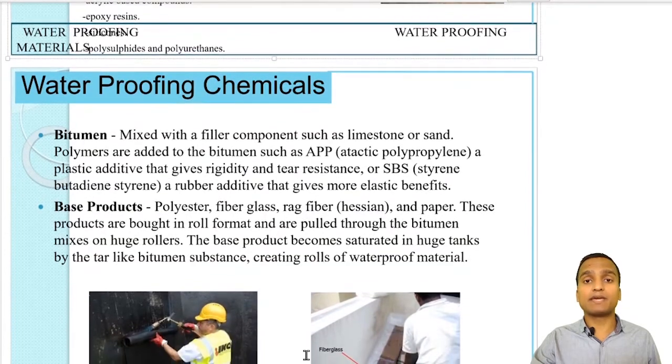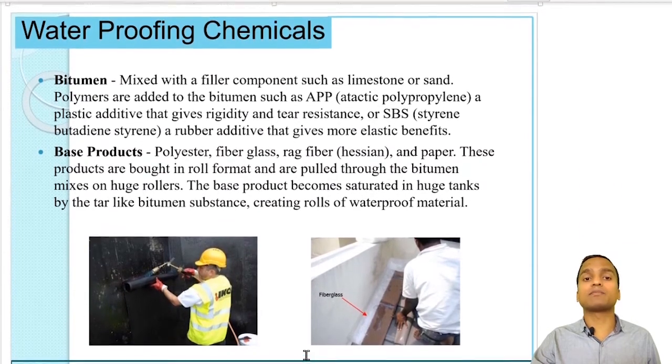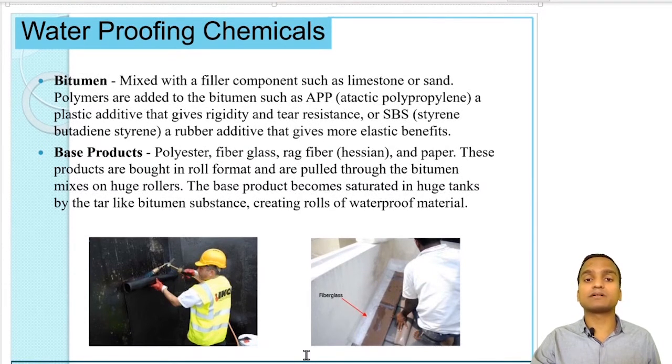Now there are some base products also, and they can be polyester, fiberglass, rag fiber and paper. All these base products are also used with bitumen for waterproofing treatments. These products come in a roll format, and they are pulled through the bitumen mixes on huge rollers, and then they are pressed, okay.